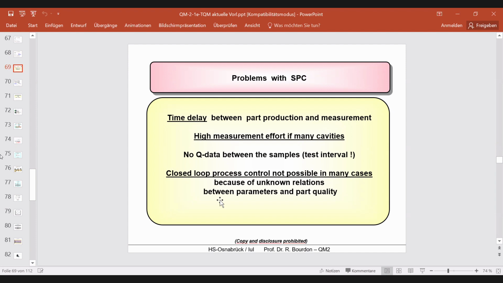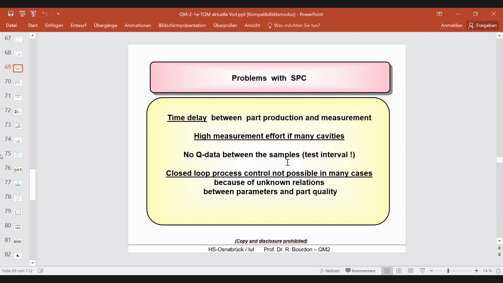Also, in SPC, in many processes in the industry, a closed loop process is not possible because they don't know which factors are influencing the quality characteristics in which way. So these relations between the parameters, machine or process parameters, and the part quality, the quality characteristics, not in every case are known.